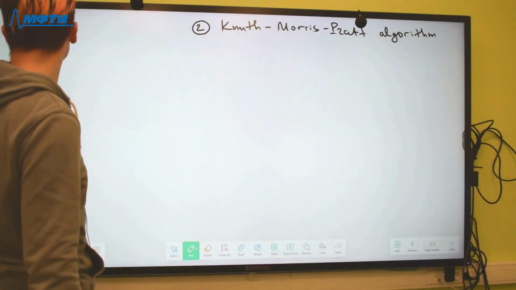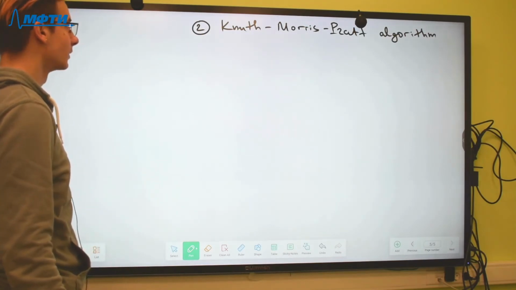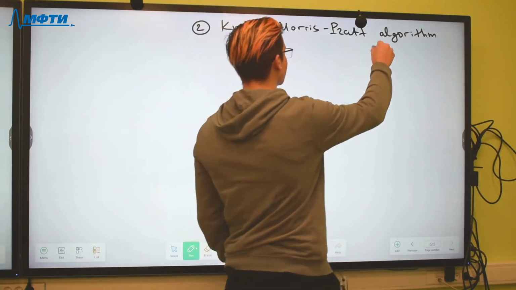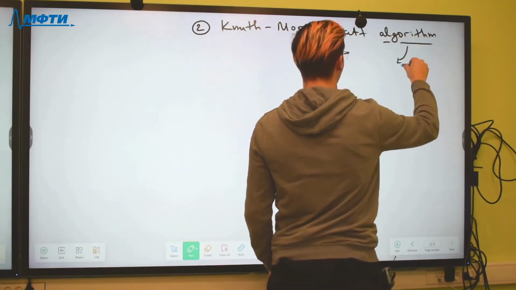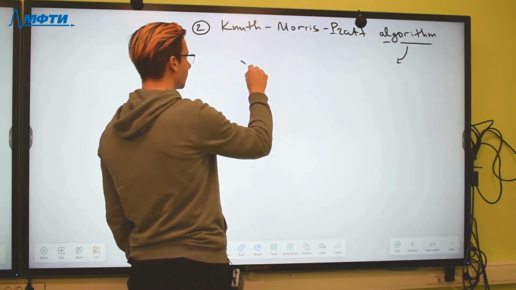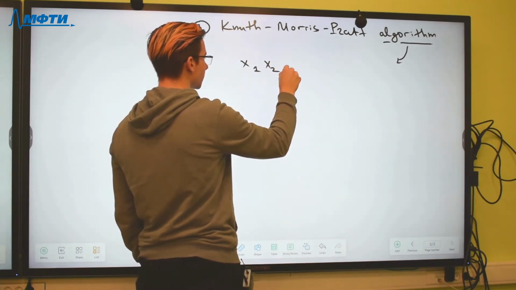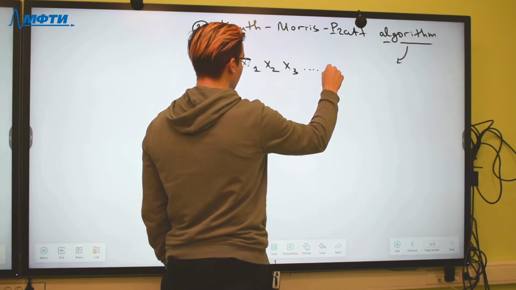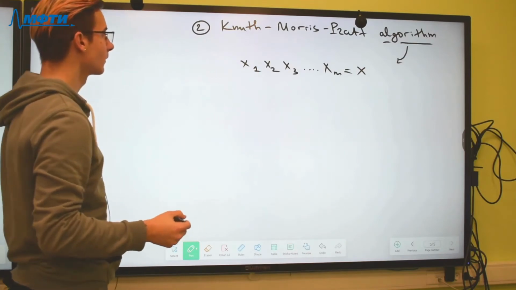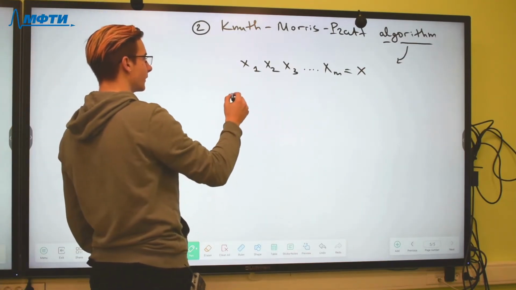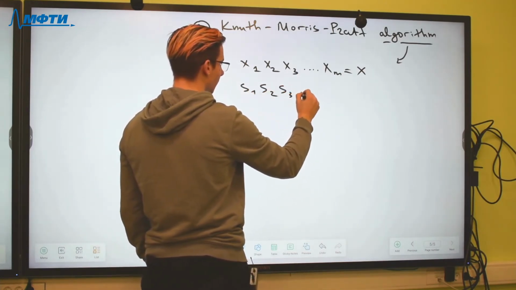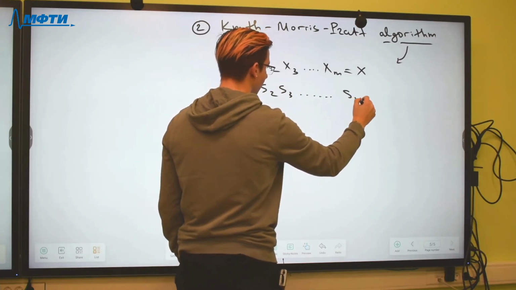So we continue with the Knuth-Morris-Pratt algorithm. And what is it? Firstly, we have some x and we have a string s.